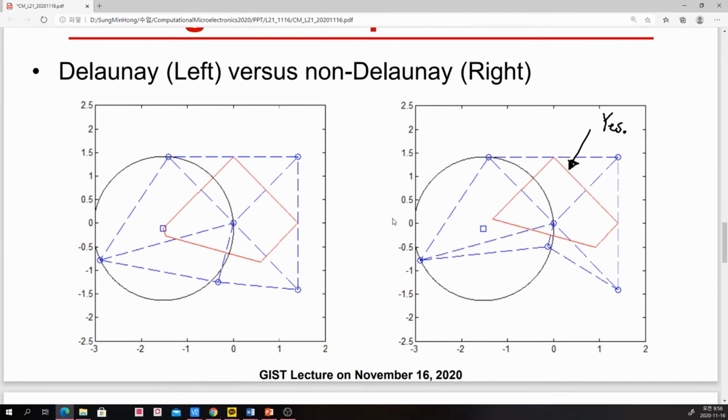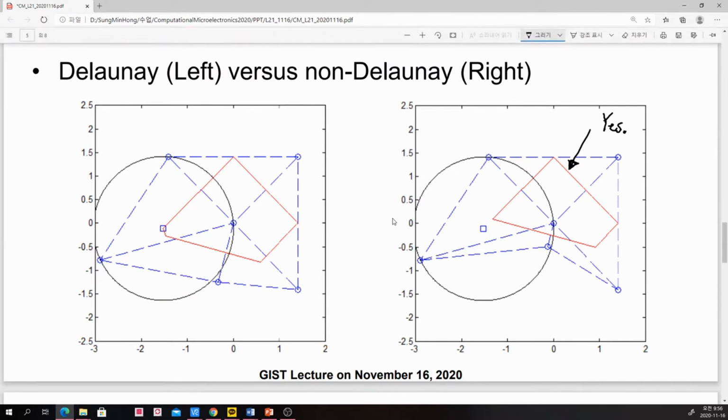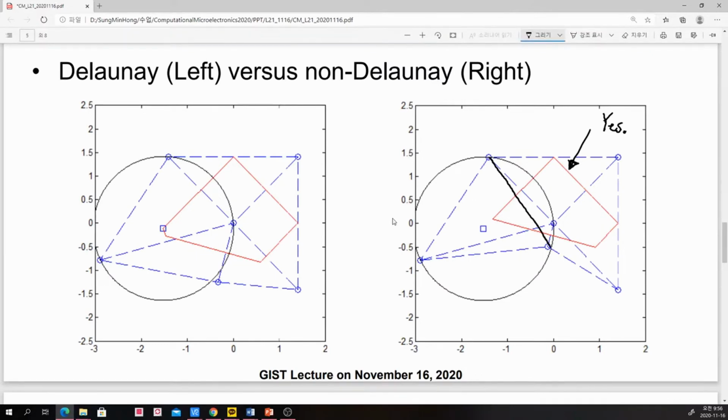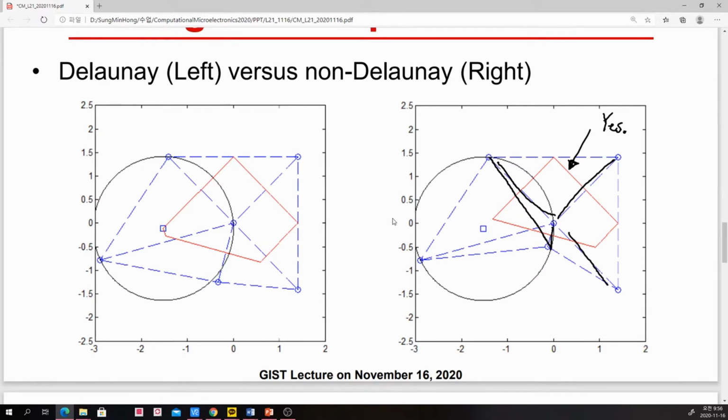So a better way to do this, or a better way to divide our space with these triangles, is just to suggest that, then in this case we can think about 1, 2, 3, 4 surrounding nodes only.